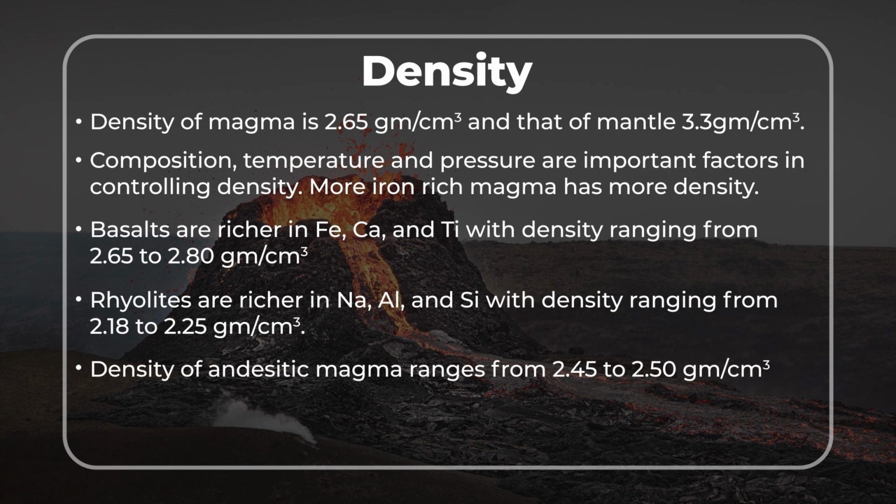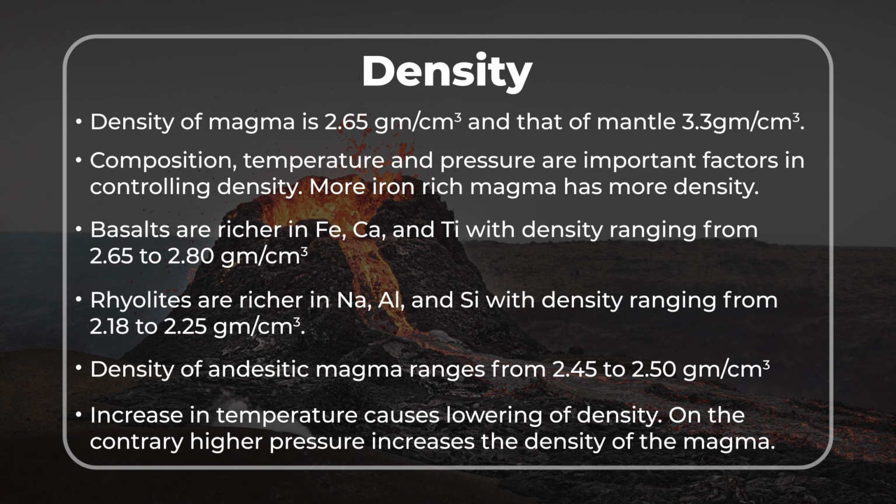The density of andesitic magma ranges somewhere between basaltic and rhyolitic magma, that is between 2.45 to 2.50 grams per centimeter cube. So the increase in temperature causes lowering of density. On the contrary, higher pressure increases the density of the magma.